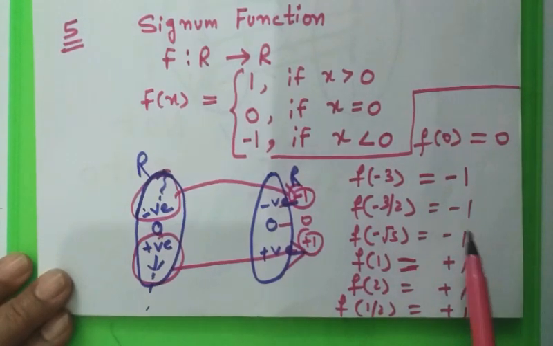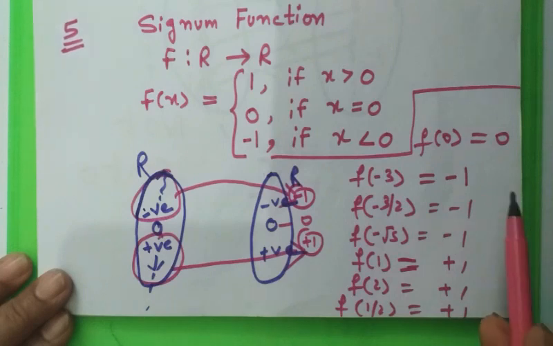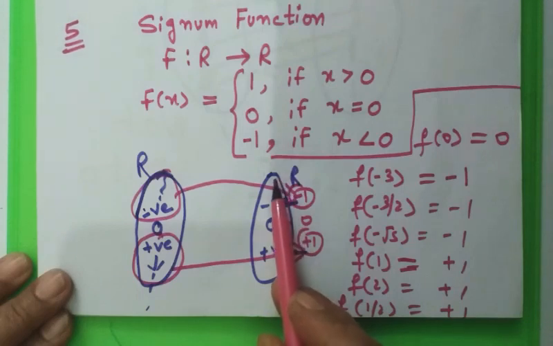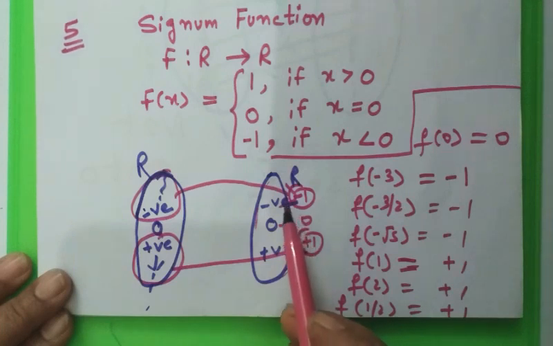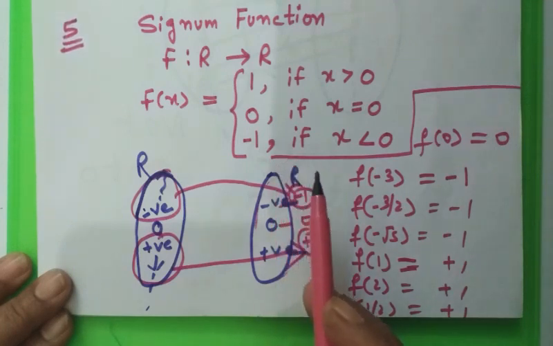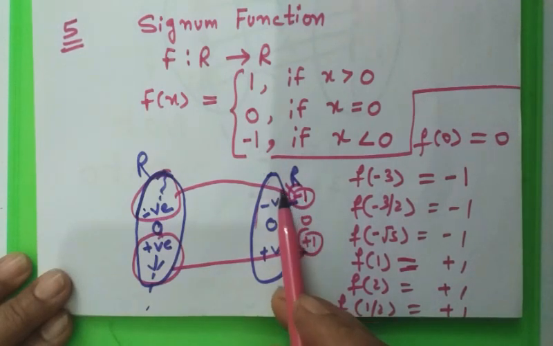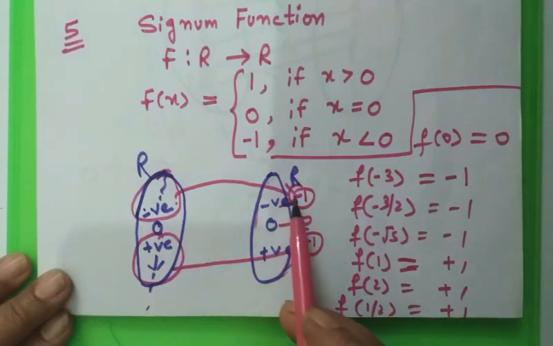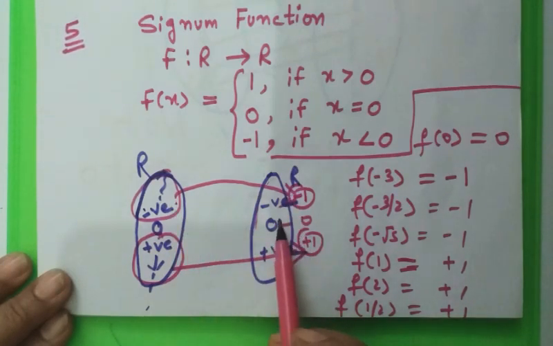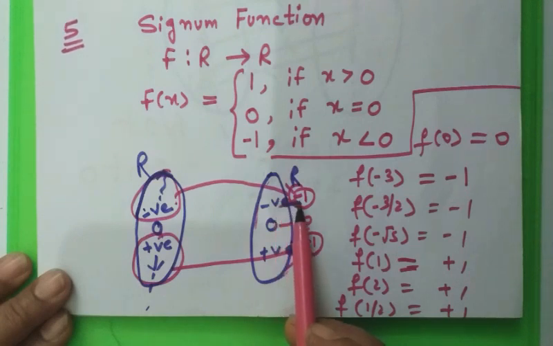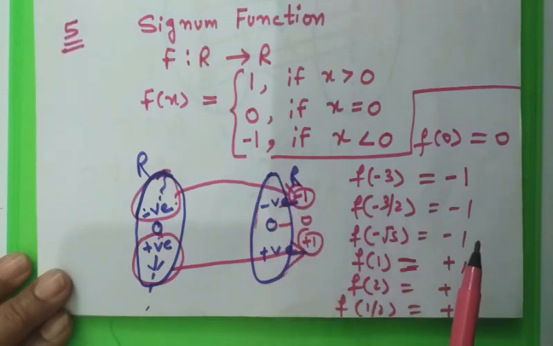Now you yourself observe it, students, and tell me whether this function is onto or not. In the codomain set, there are infinite negative real numbers, but out of those only one negative real number, -1, has got its pre-image. I mean, not one pre-image, many pre-images. So all other negative reals except -1 have no pre-image.